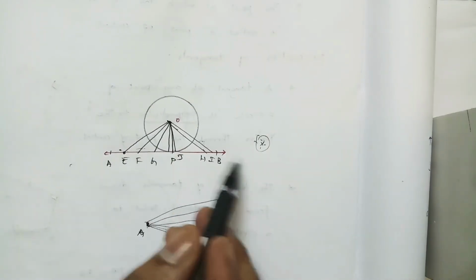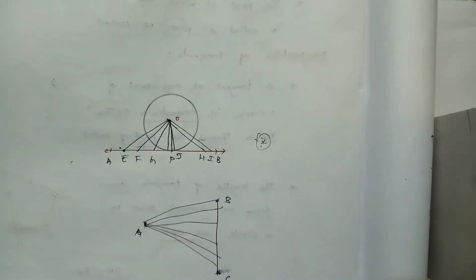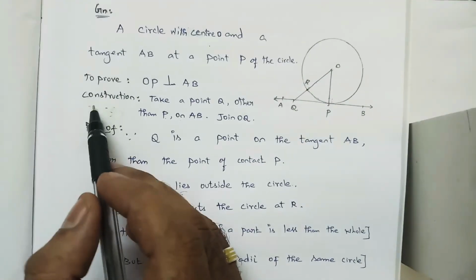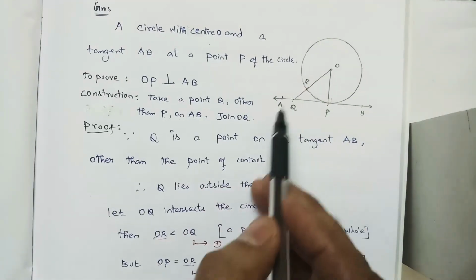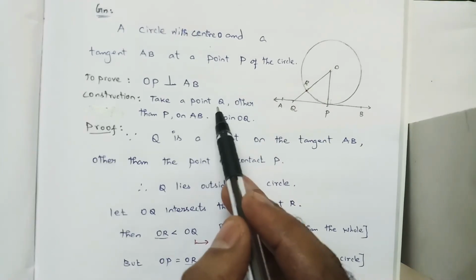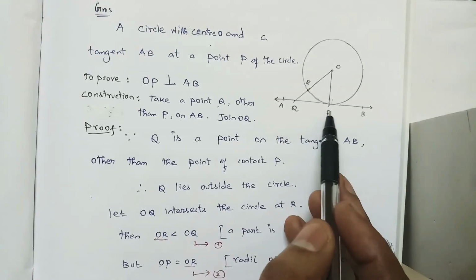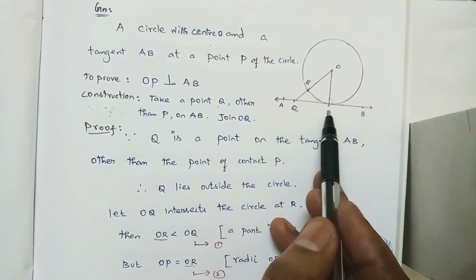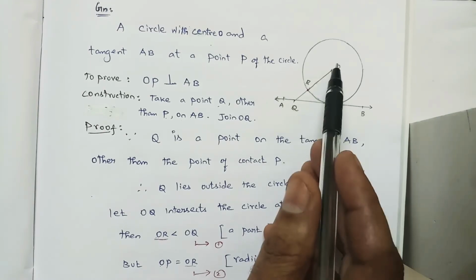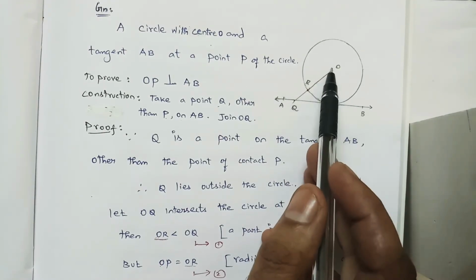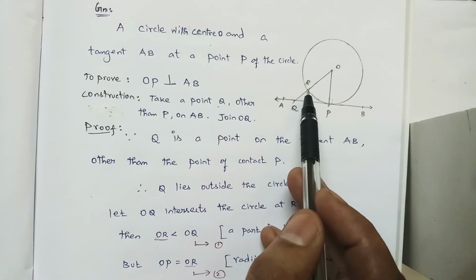That OP is perpendicular to the line AB. So for the construction, take a point Q other than P in AB, and join OQ. When I join OQ, I get a point R on the circle.